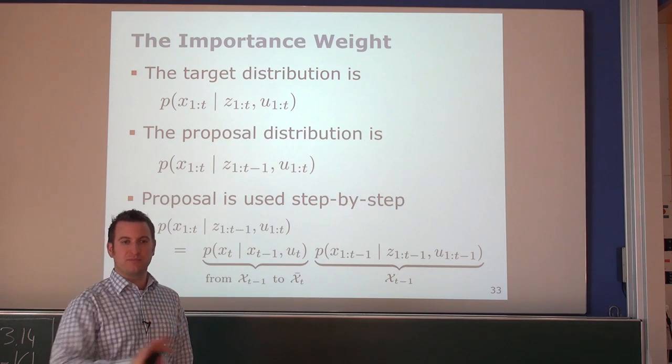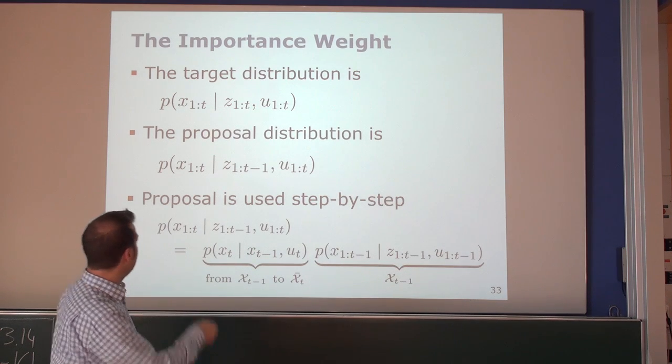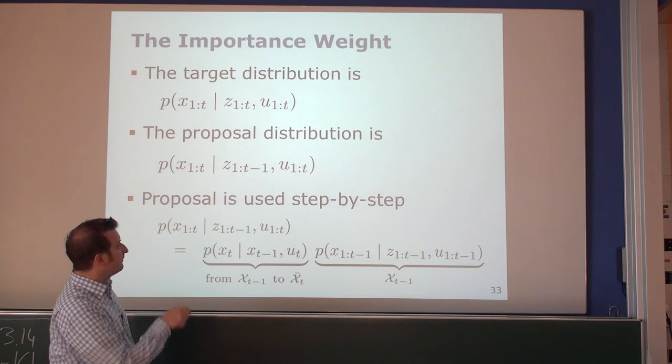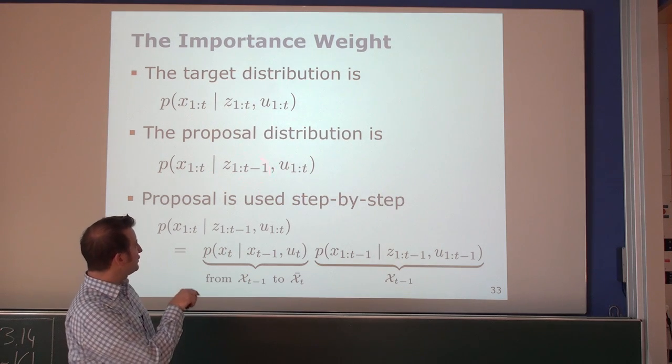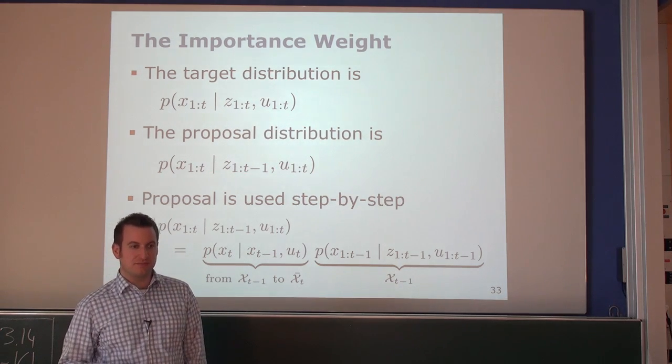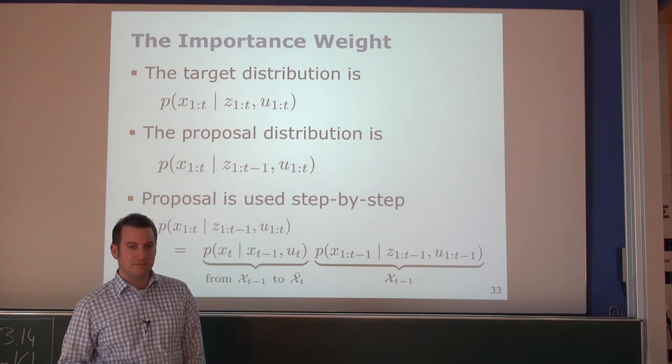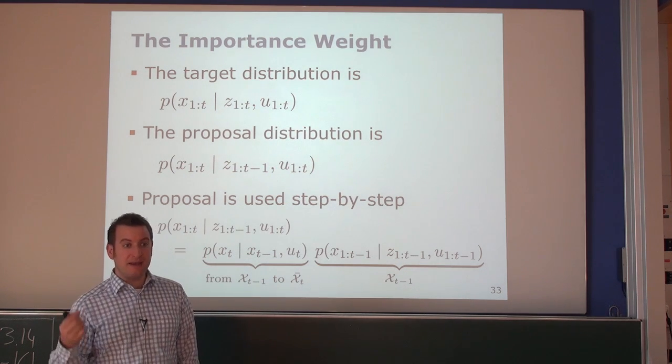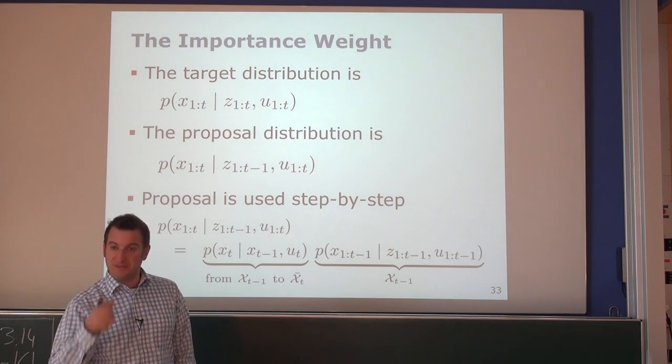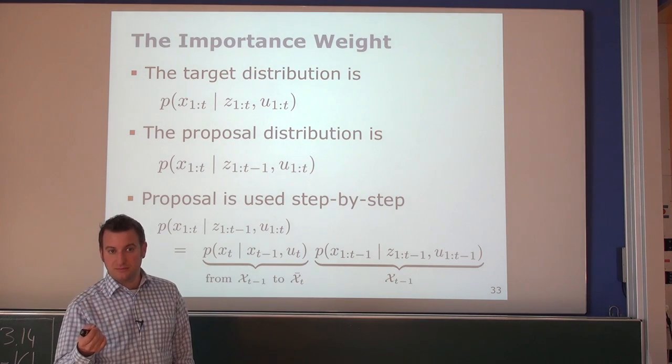That's what I wanted to approximate. The proposal distribution takes into account all the information except the last observation, because I don't take into account my sensor observation when I draw the samples. I only use odometry information.